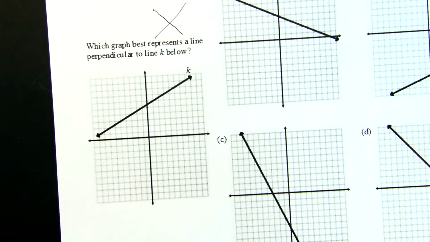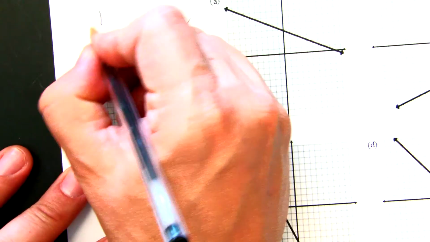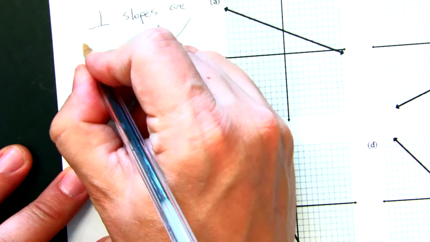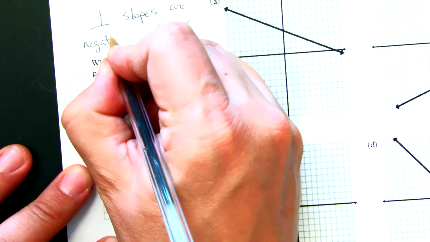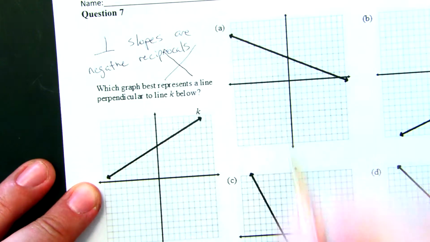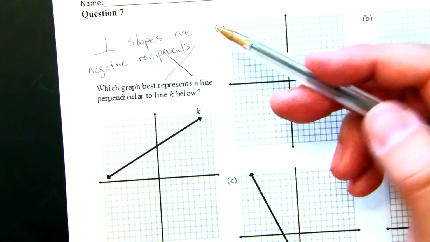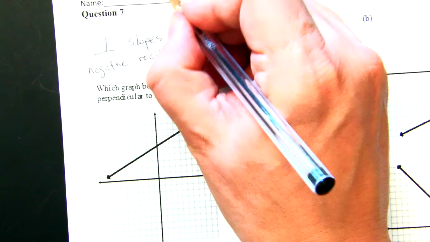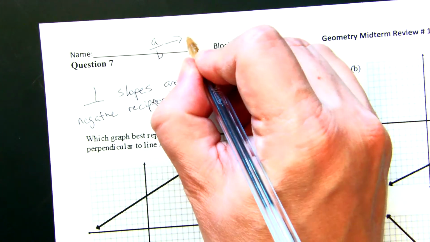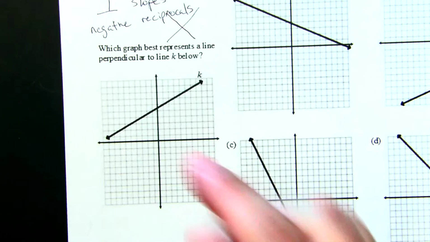What you want to do is find the slope of this line, because we know that perpendicular slopes are negative reciprocals. Negative reciprocals means that we change the sign and we flip the fraction. So like A over B, the negative reciprocal of that would be negative B over A. All right, so what's the slope of this line?